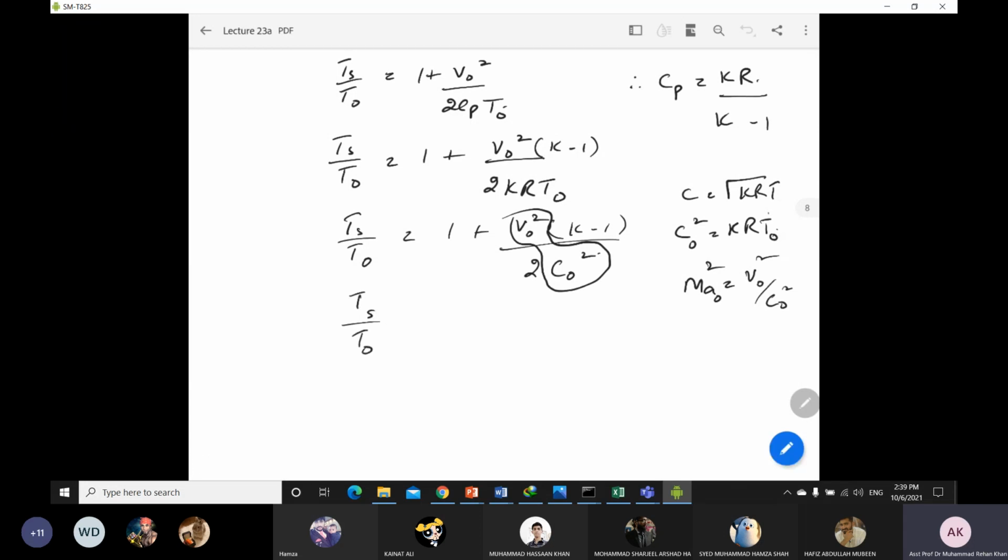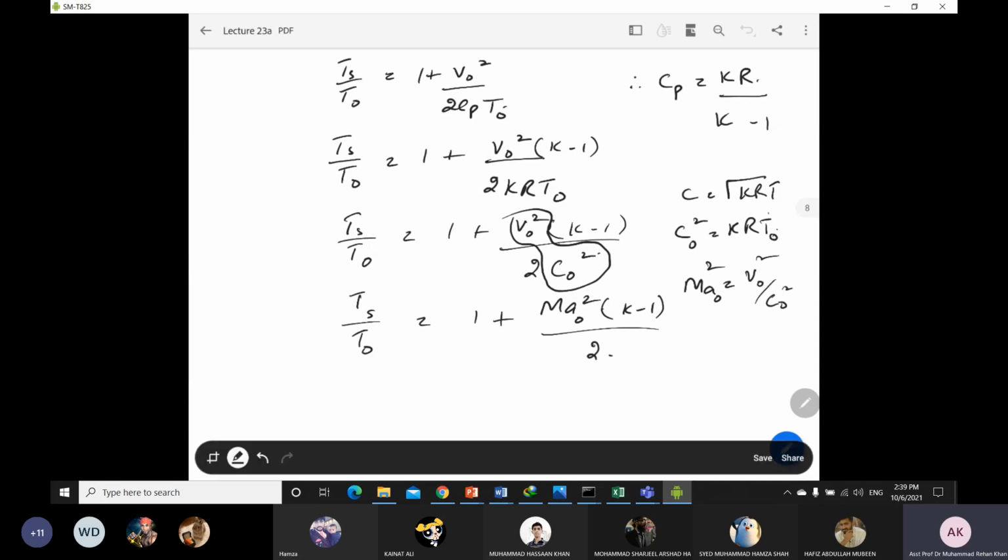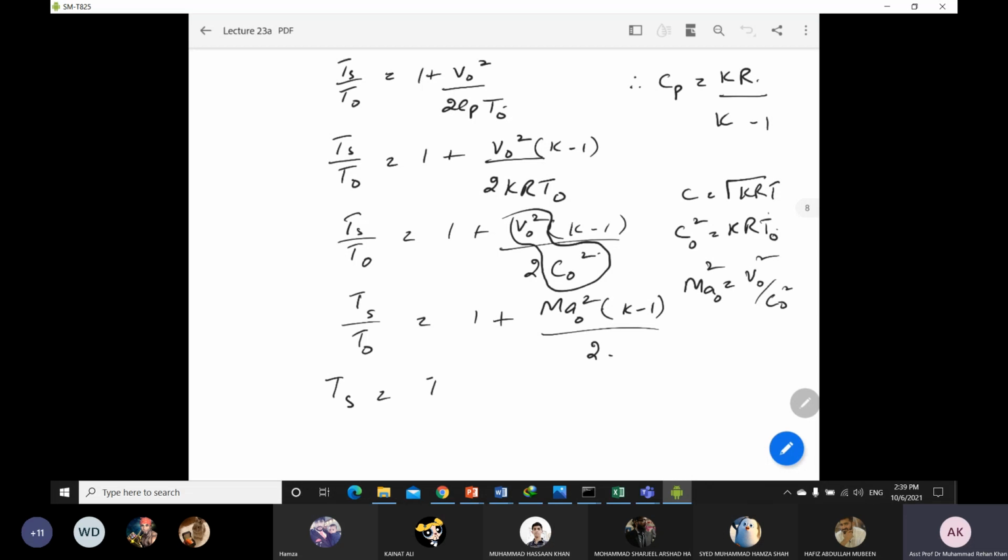So Ts divided by T naught is equal to 1 plus Mach naught square times K minus 1 divided by 2. So Ts is equal to T naught times 1 plus K minus 1 divided by 2 Mach naught square.